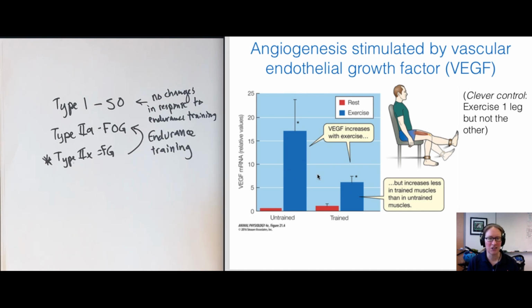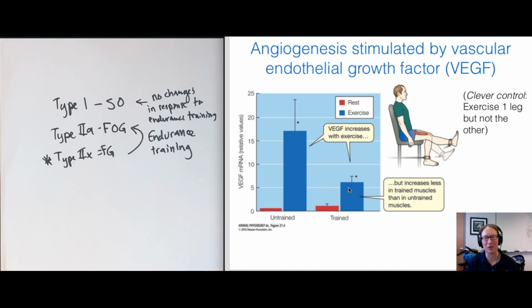But the thing to notice here is that VEGF amounts actually don't increase as much once muscles are more highly trained. So upon initial exercise, this just suggests that initiating endurance training, you'll see a much larger change to VEGF and a much larger change to vascularization of muscle tissue. But once training has commenced, although you still see an upregulation in VEGF, it's not quite as extensive.